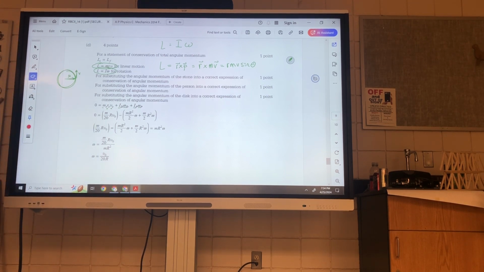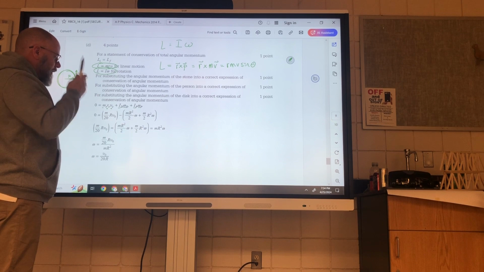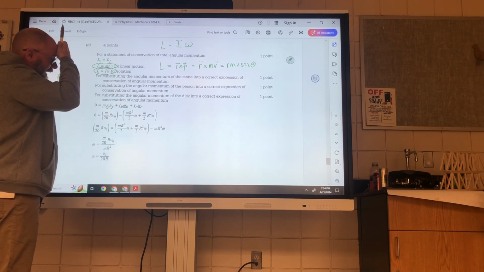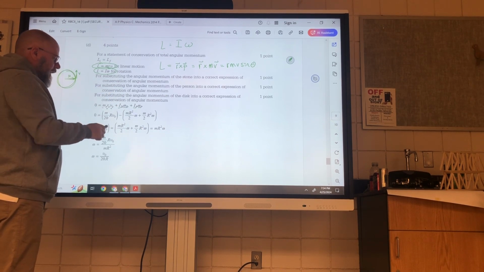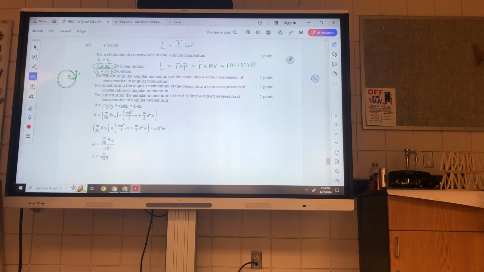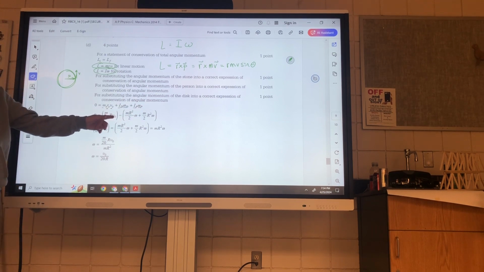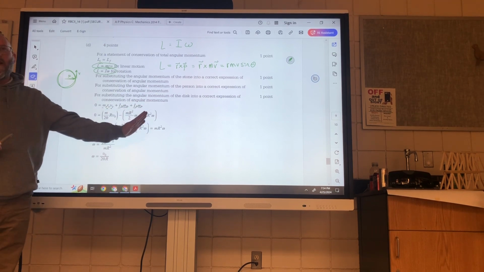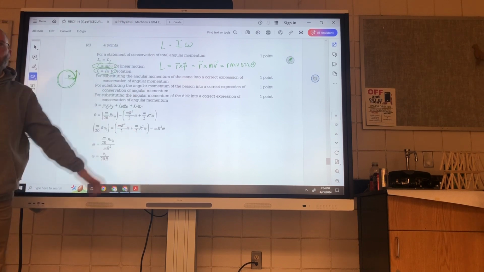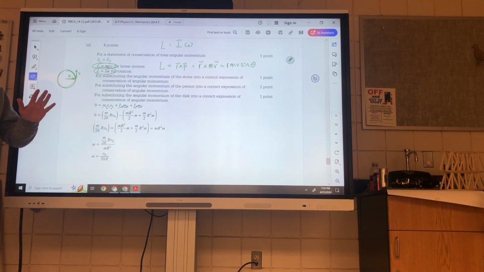Now, I don't really like the fact they put a negative here. Really, you just add these things together, but they know that this is rotating one way and the other stuff is rotating the other way. It's totally fine.